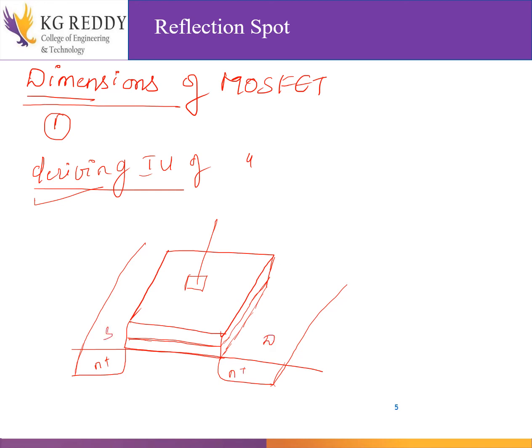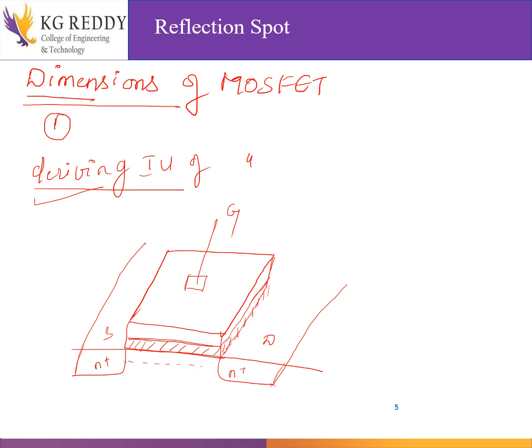Now we say this is gate, and here it is oxide. And that is obvious, you know that here there is a channel. So from this, what will we be observing?